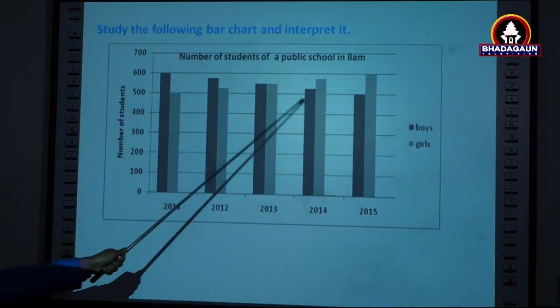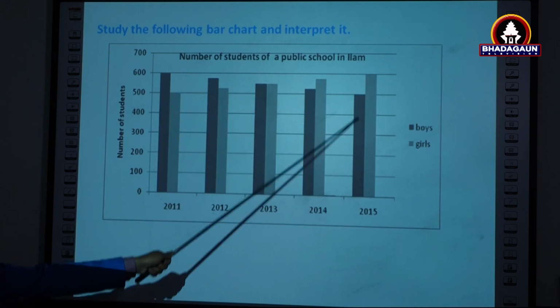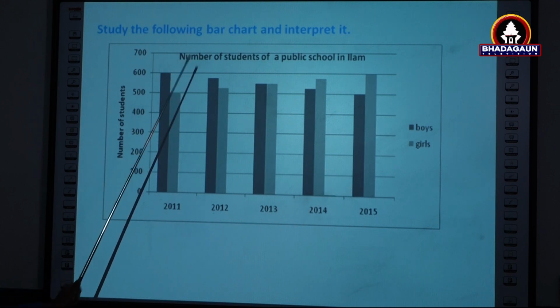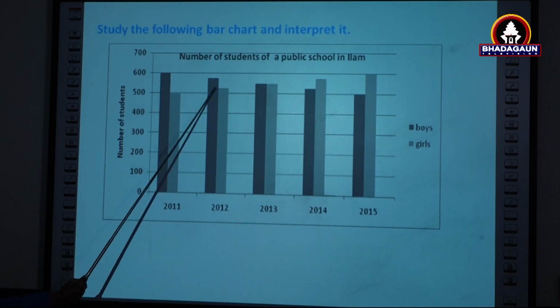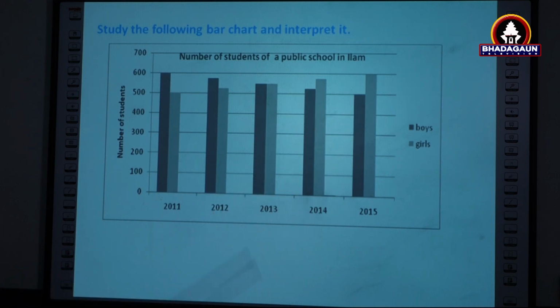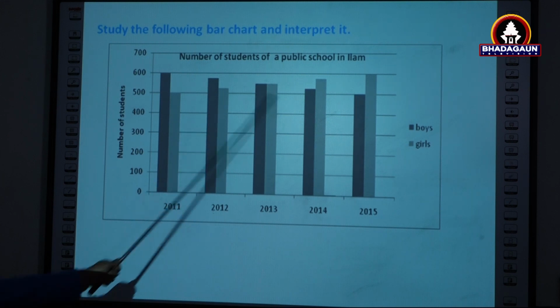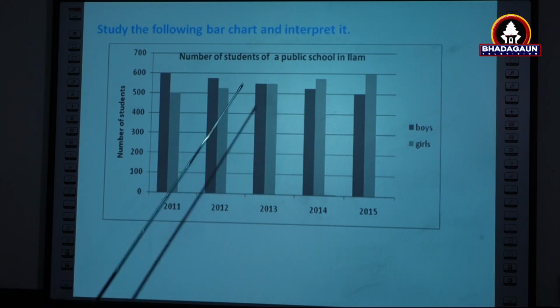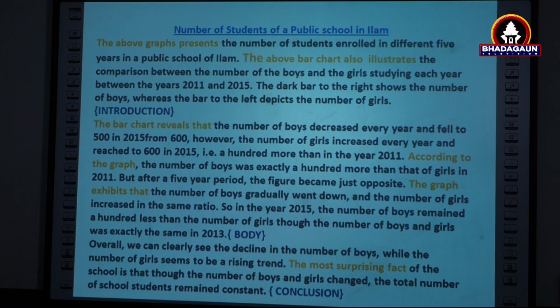Here is also the number of students. I think the total number of students is constant perhaps, right? Yes, constant. Just the number of boys and girls is increasing and decreasing, but the total number is not increased, that is constant. So, based on this, this is the answer, right?